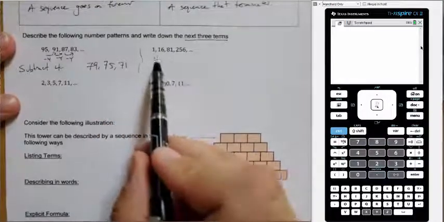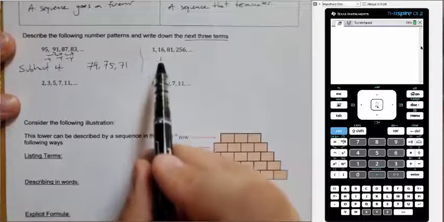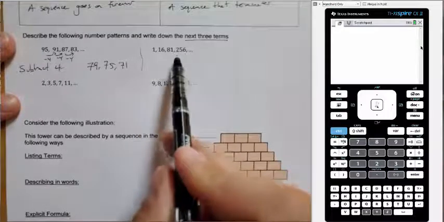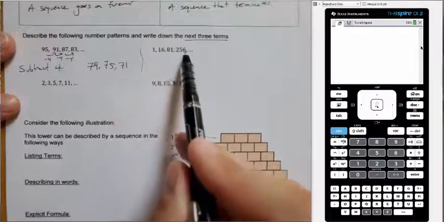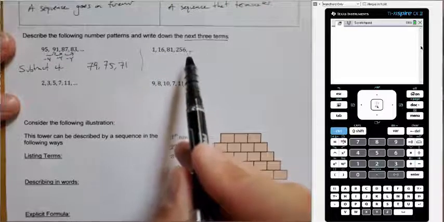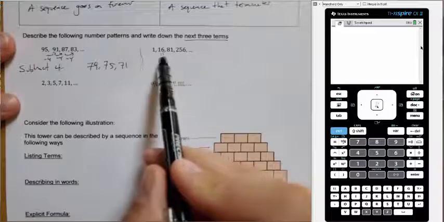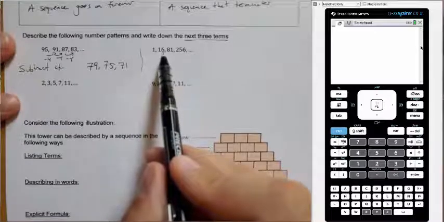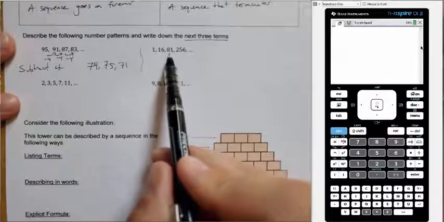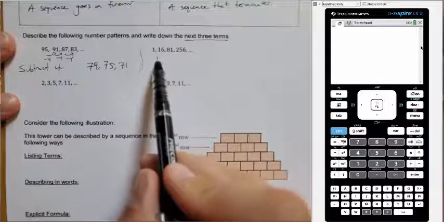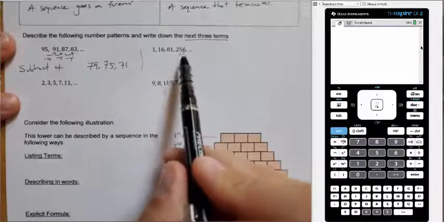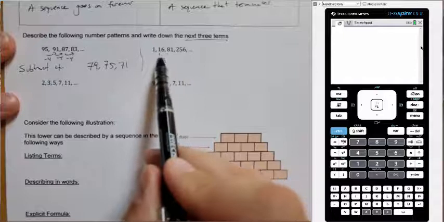This sequence doesn't jump out at me as quickly, but I can figure it out. I recognize these numbers as some perfect squares. Although what's being squared doesn't really make a ton of sense to me. Like 1 squared is 1, 4 squared is 16, 9 squared is 81, 16 squared.